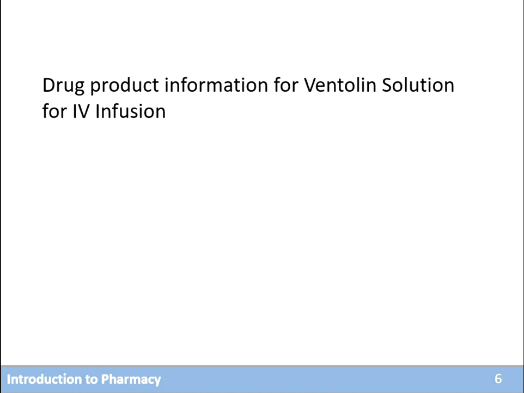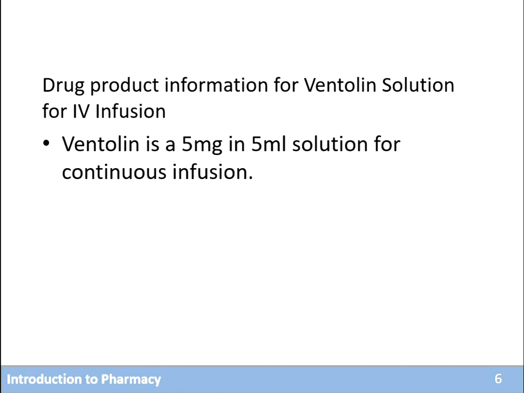what do we know? From the BNF again and from the product itself, we know that for Ventolin solution for IV infusion, which is a product you can purchase, Ventolin is a 5 milligrams in 5 ml solution for continuous infusion. So we know what the strength of the infusion is. It's 5 milligrams in 5 ml.